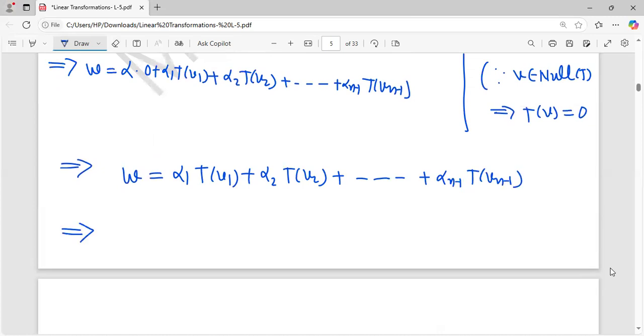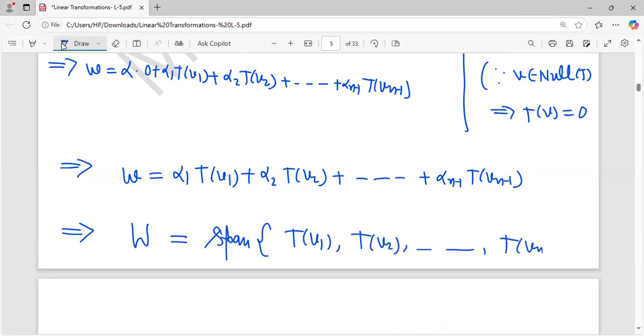So this implies W is in the span of T V1, T V2, up to T V n minus 1.